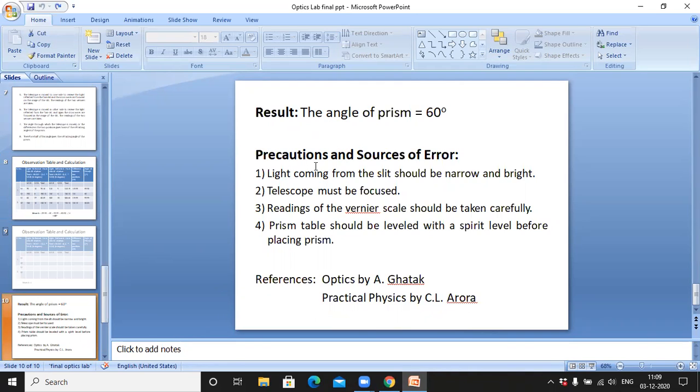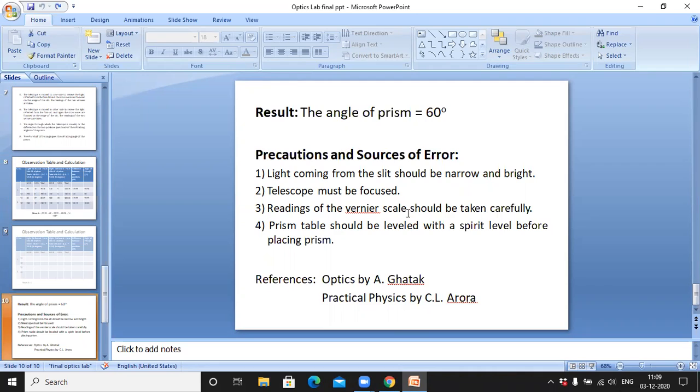The precautions and sources of error that you have to take care of: light coming from the slit should be narrow and bright, which we have done by adjusting the width and focus of the slit in the collimator. Then you have to focus the telescope. The telescope must be focused, which we have done by focusing on a distant object.